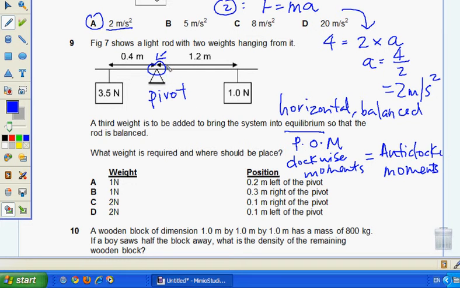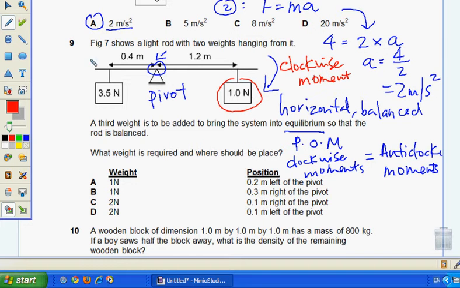First let us look at the force of 1 Newton, which is pushing down. When it's turning about this pivot, it's turning in the same direction as the clock, so this is called my clockwise moment. So there's a clockwise moment created by this 1 Newton force.